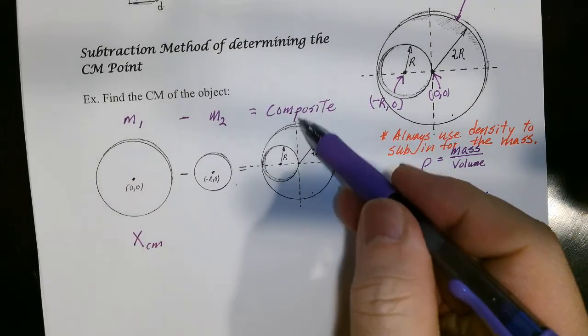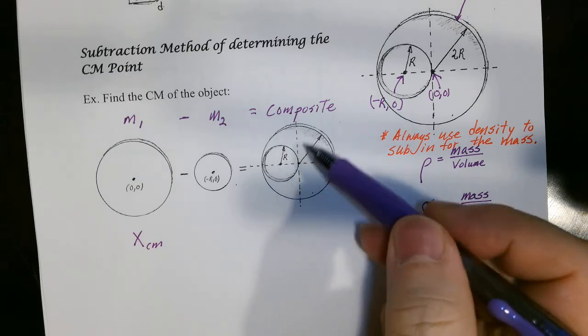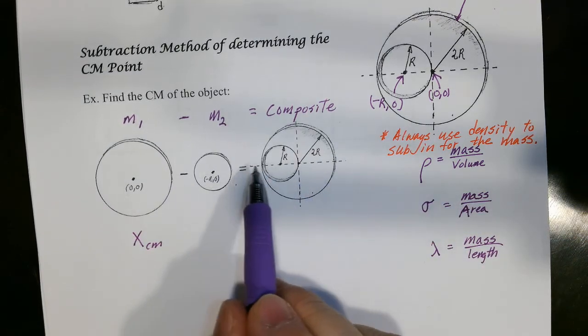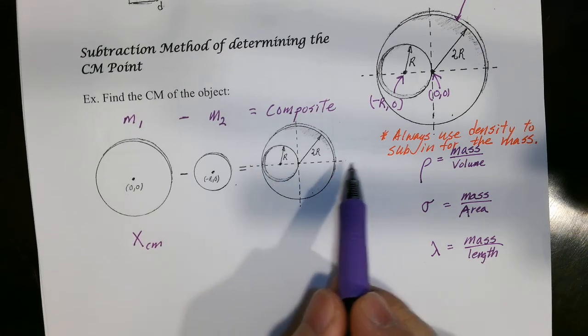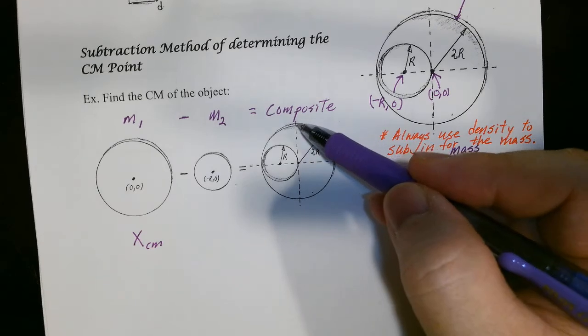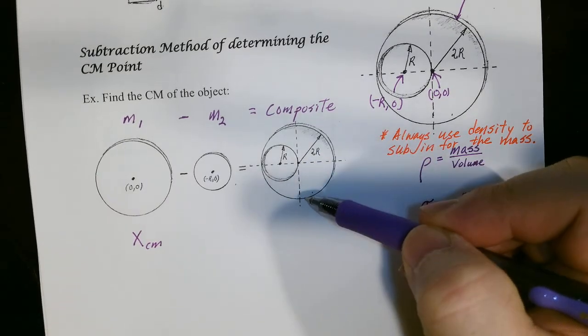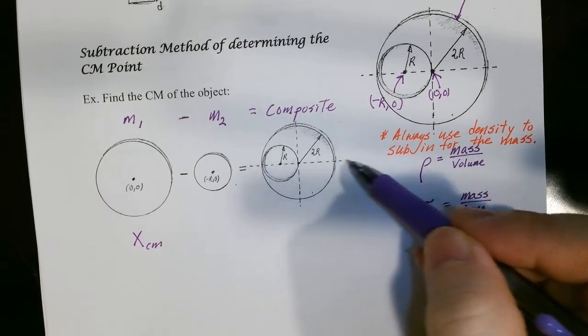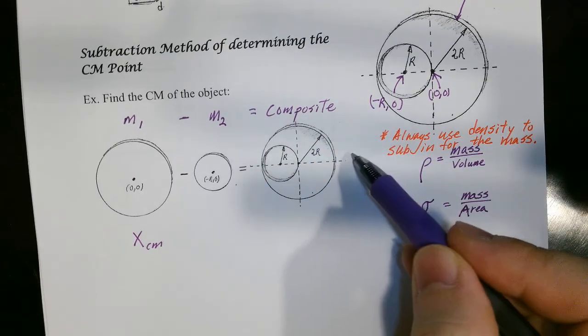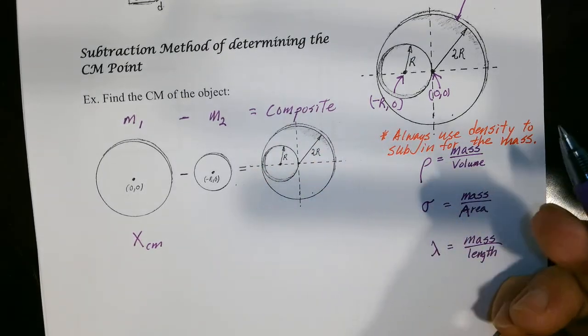Now, because of symmetry in the y direction, we're not going to worry too much about the y, only the x. You know it's going to have to be along the x-axis for the center of mass, because in the y direction symmetry is involved. The positive y section is exactly the same as the negative section of the y.